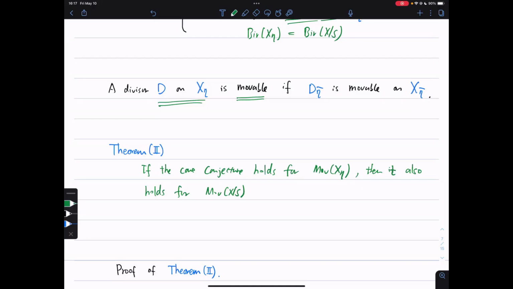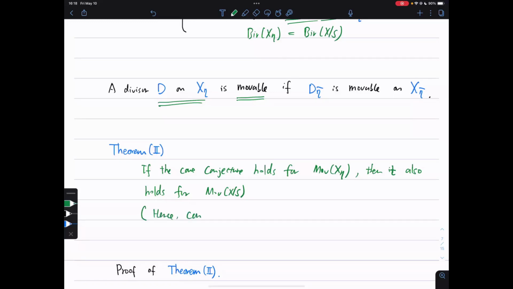So if you have the statement for the generic fiber, you can prove it for the total space. And this is proved under the assumption of abundance, but we can get an unconditional result.